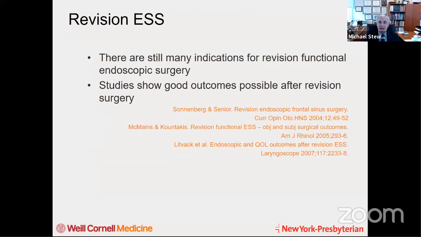Having said all that, and basically making the case that failed surgery doesn't necessarily mean you need more surgery, you always have to think about, is there an underlying medical or other problem? In fact, there are still many reasons that patients need revision surgery. And in fact, there are multiple studies. This is just a few studies, but I could have found many more. There are multiple studies that show you can achieve good outcomes after revision surgery.